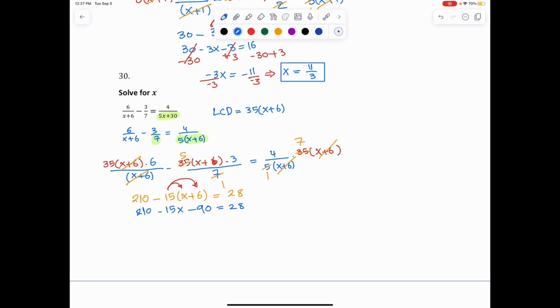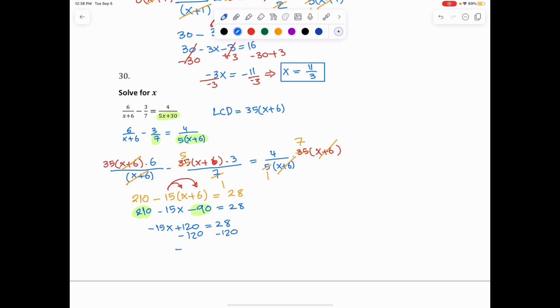So now we can combine 210 with negative 90. We get 120. So this is going to become negative 15x plus 120 equals 28. We subtract 120 from both sides of the equation.